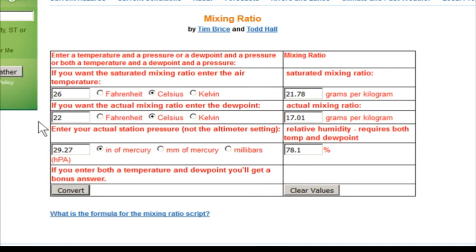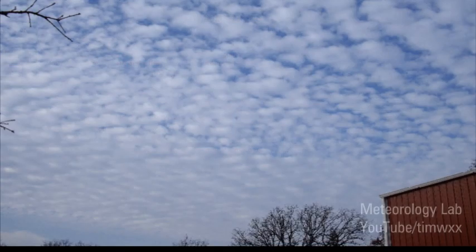So we've got a dew point depression of 4 Celsius degrees. So normally dew point depressions below 5 Celsius degrees are going to be associated with cloud material. So 5 or below, that's a good number to keep in mind. And when it's 0, that's going to mean the air is saturated. And the expression for dew point depression is going to be T minus TD.